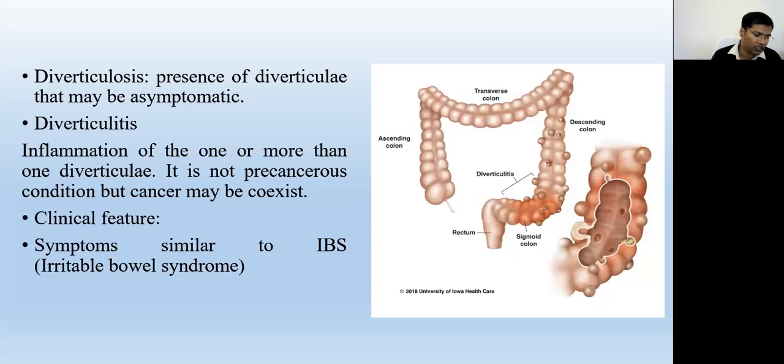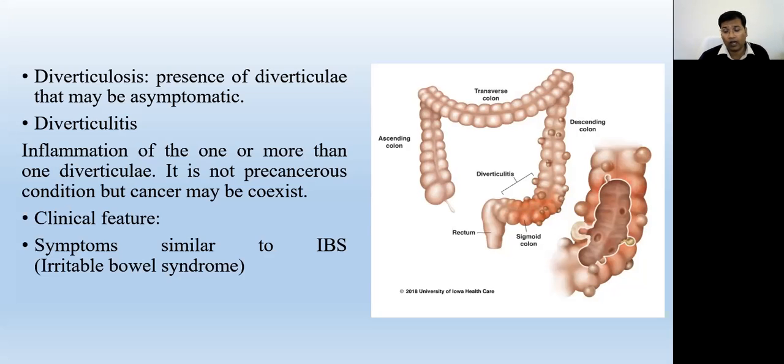But if somehow it is inflamed, then the patient may have abdominal pain, usually in the left iliac fossa, and later some tenderness, a sigmoid mass, because due to the inflammation the omentum comes and adheres, so that a tender mass may be felt on palpation in the left iliac fossa.